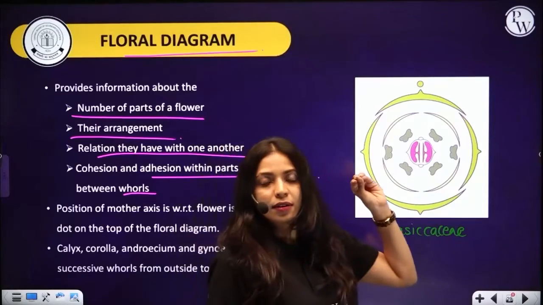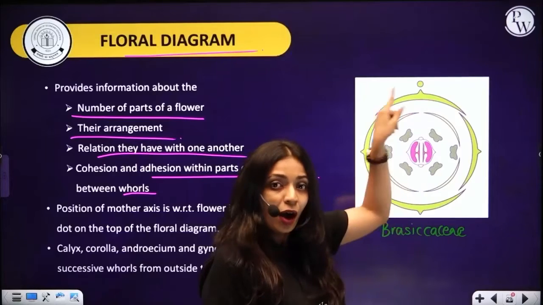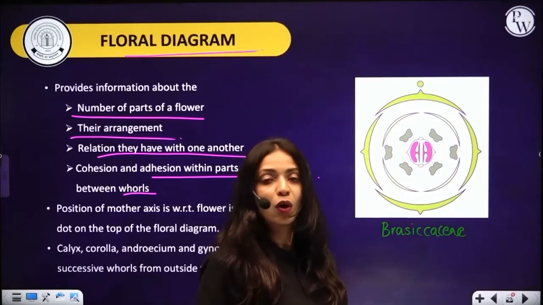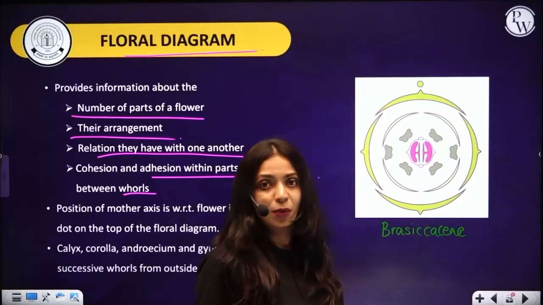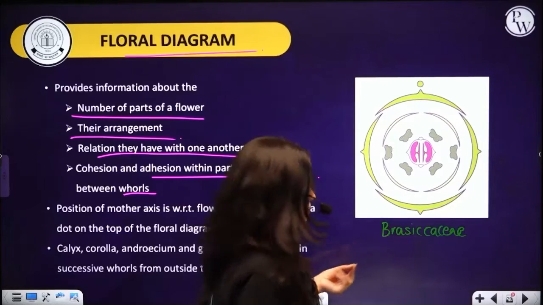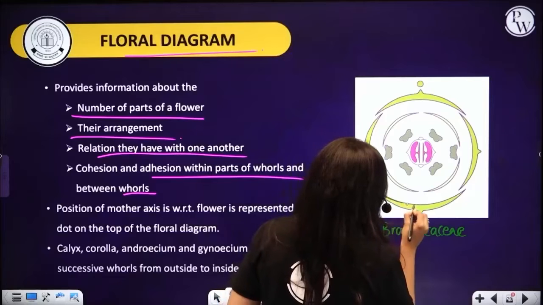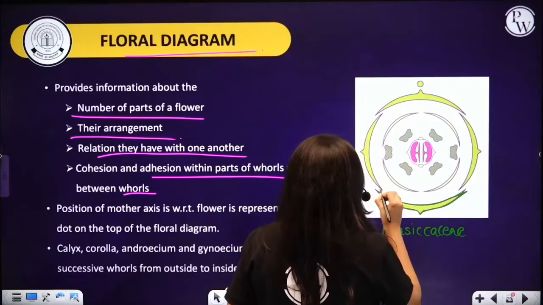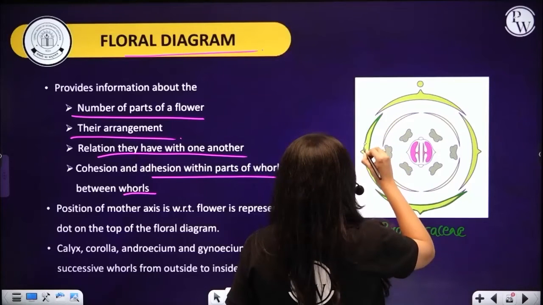Here, the outermost whorl represents the arrangement of sepals in the flowers of Brassicaceae or the mustard family. Okay, so here, the outermost whorl, whatever you're looking at in green, this is the sepals.